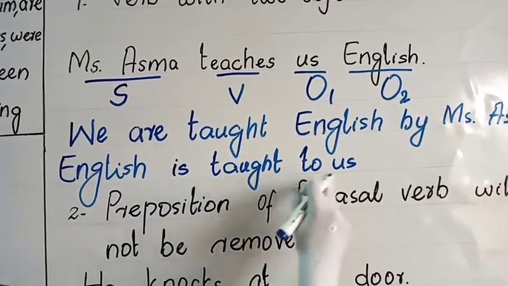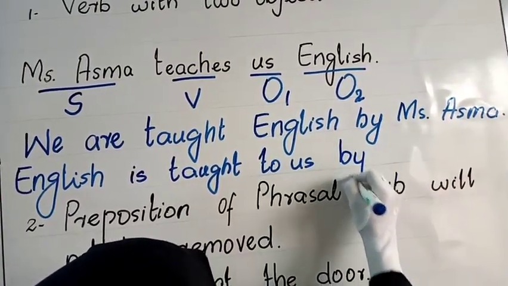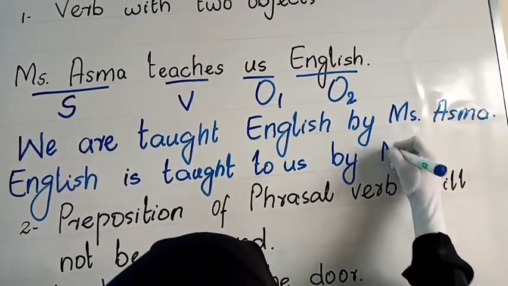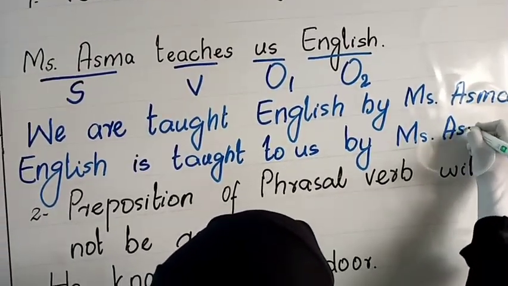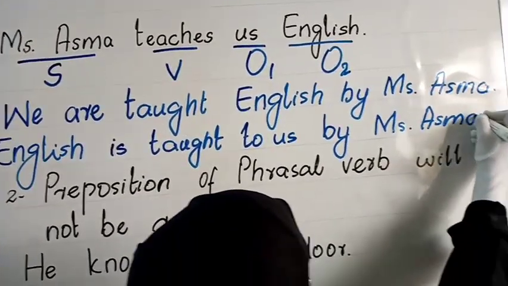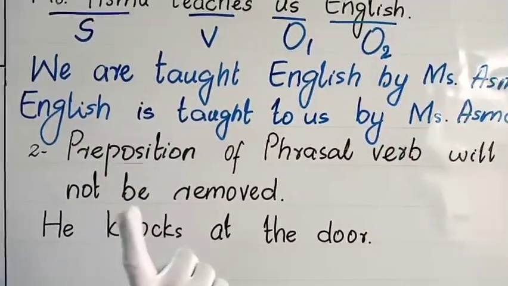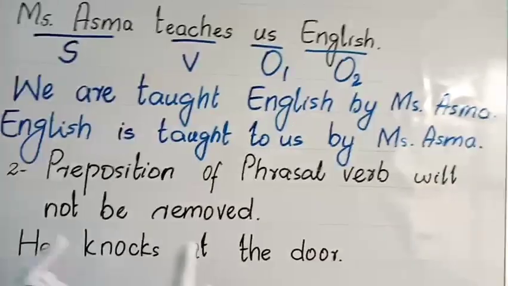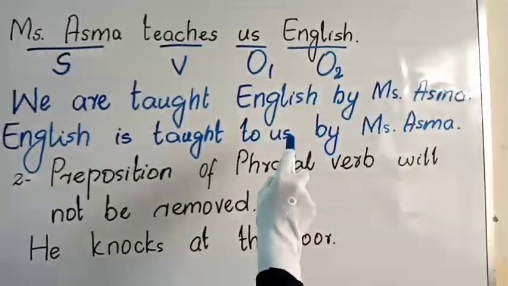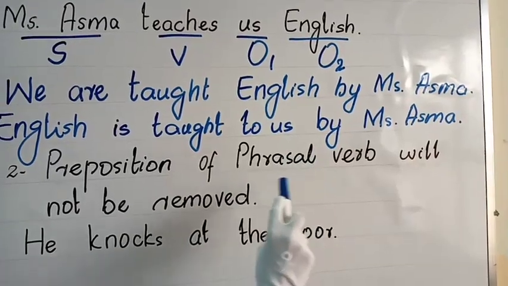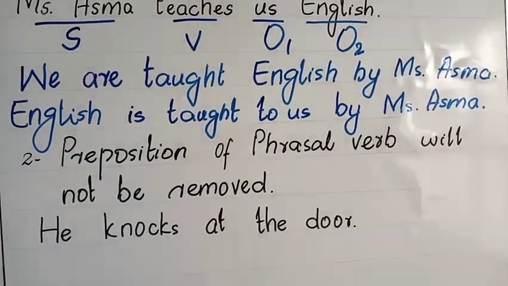English is taught to us, and now we will add by, and now we will write the new object, Miss Asma. So we can use both the objects, but only one object is used at one time. The other object will remain in its place, unchanged, the same.